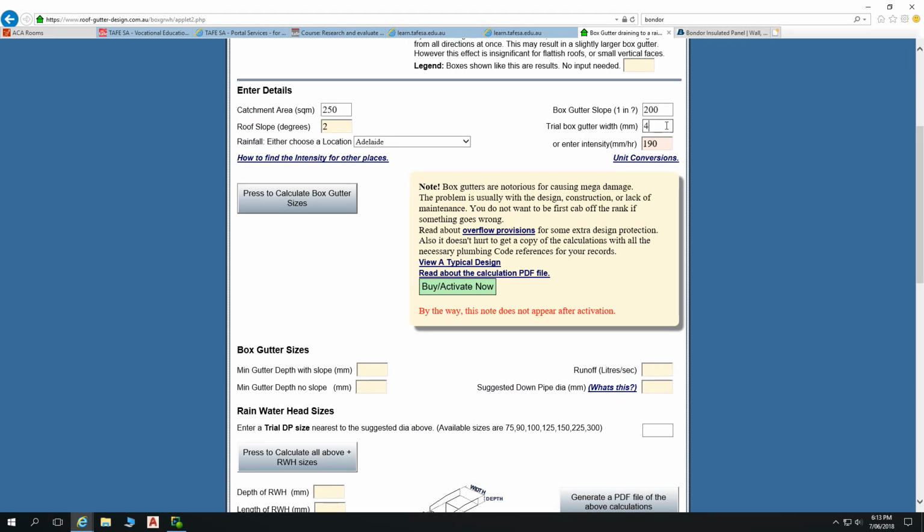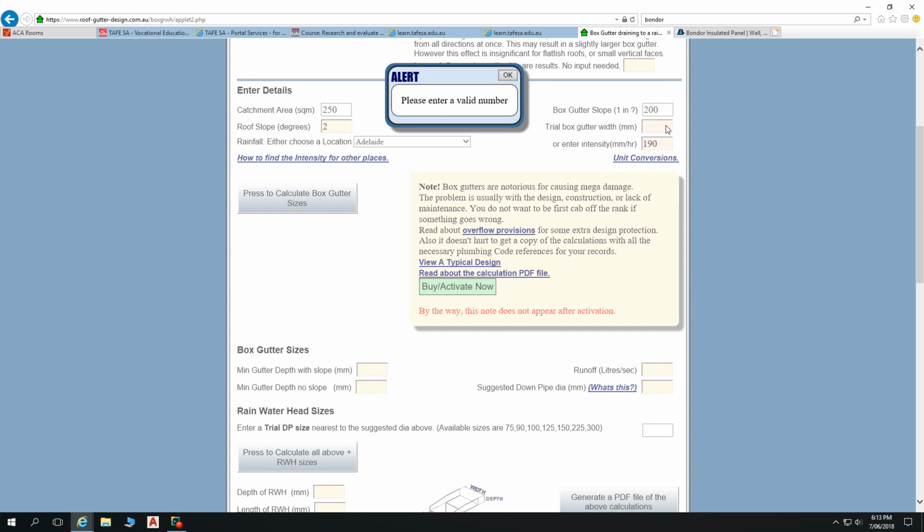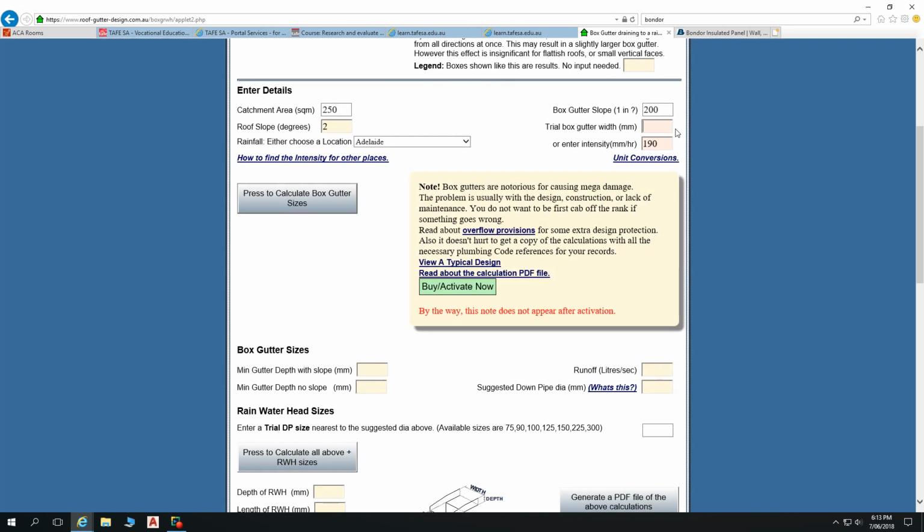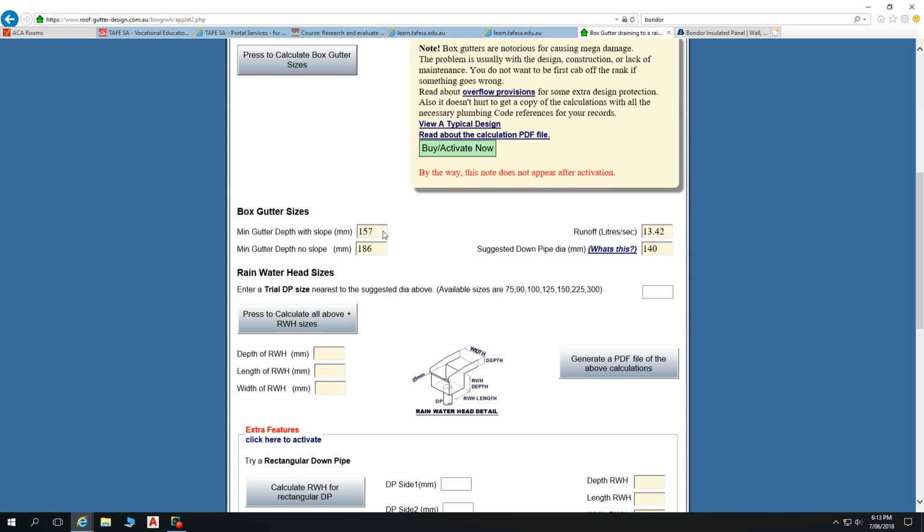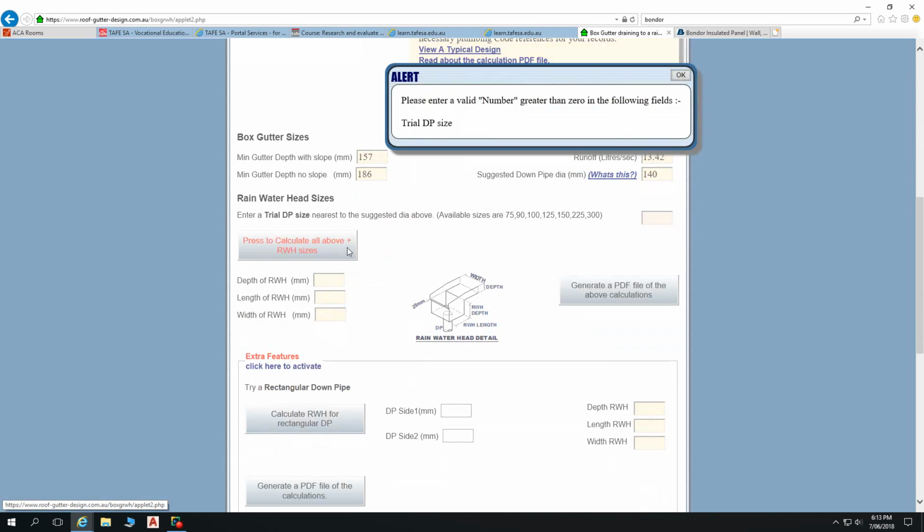So let's go to 300. And so minimum is 157, but we need to accommodate for that fall over the run. And that's still not too onerous. Go with that, calculate rainwater head sizes.